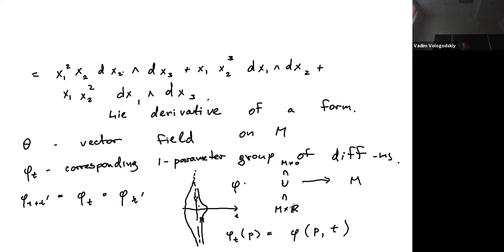So now, having this phi, a one parameter group of diffeomorphisms, we can define the Lie derivative of a form as follows.